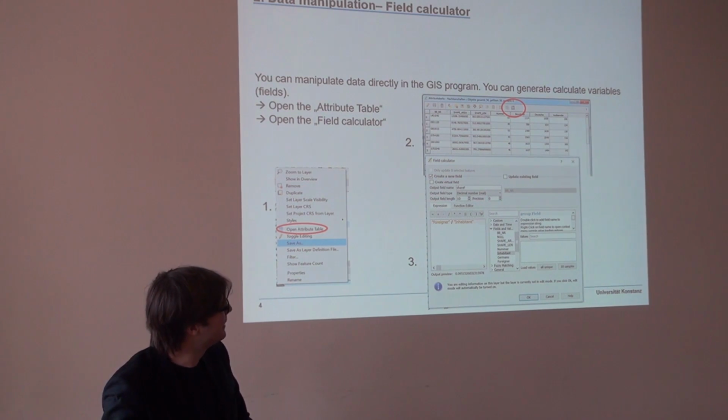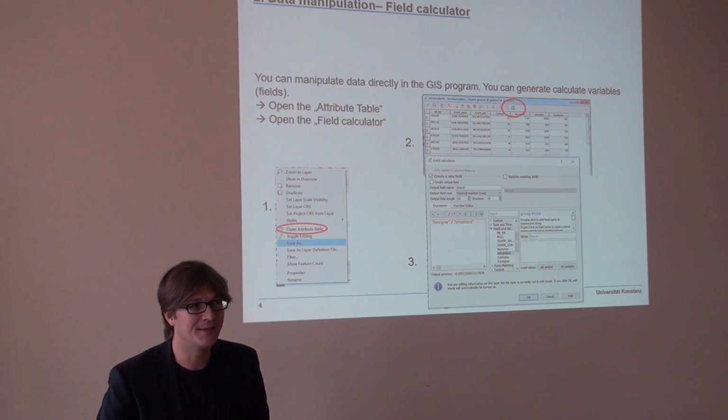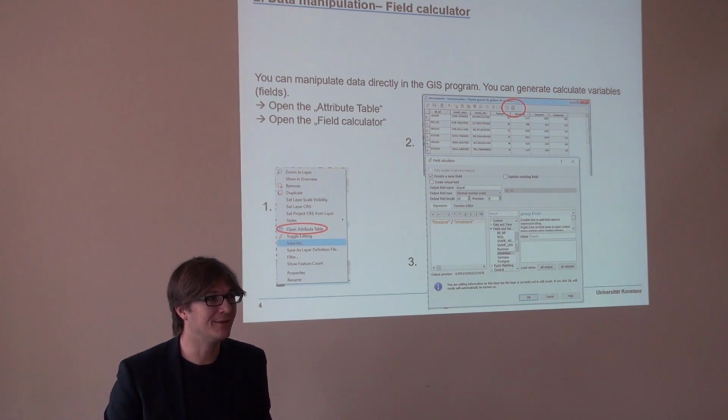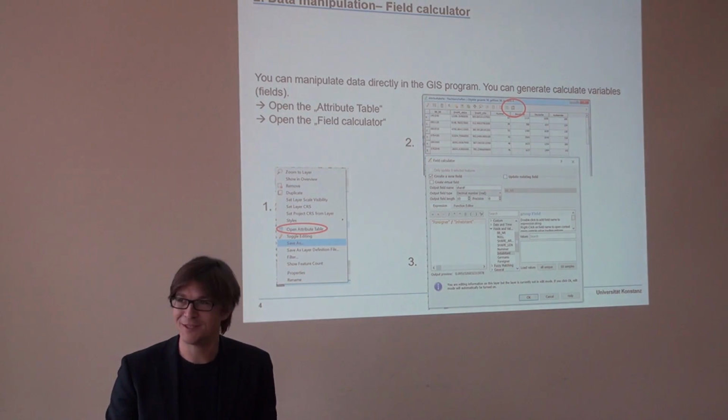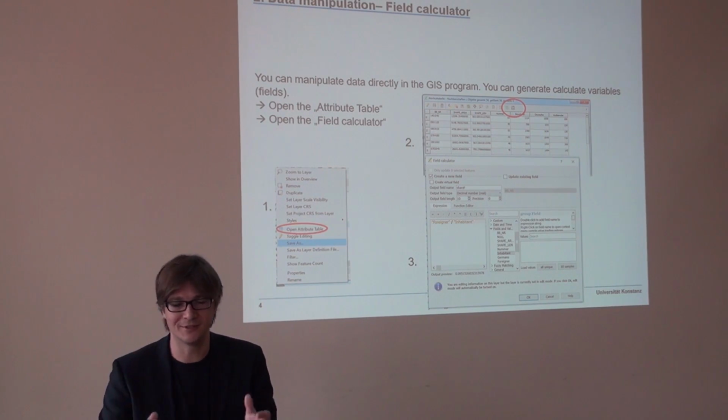The example would be that we calculate the share of foreigners in these different neighborhoods. As we already said yesterday, it's probably not so interesting to make a map of the amount of inhabitants or the amount of foreigners, but it's more interesting to have the share of foreigners.